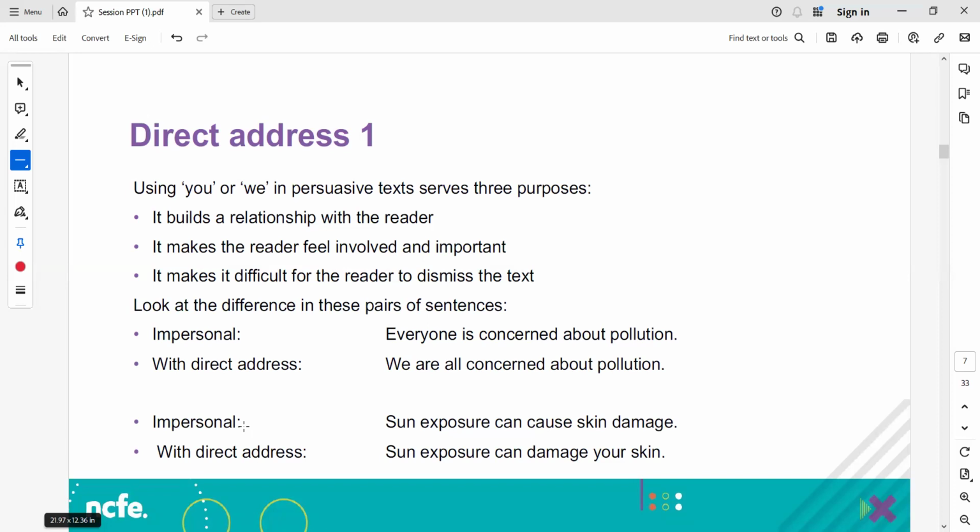Yes, good. And what type of text might include that direct address sentence, sun exposure can damage your skin?